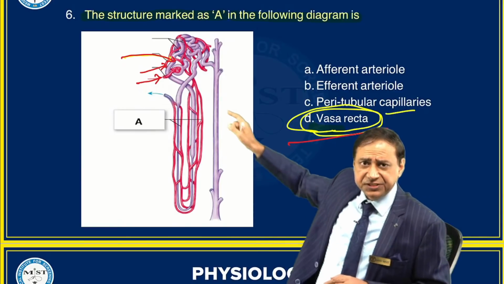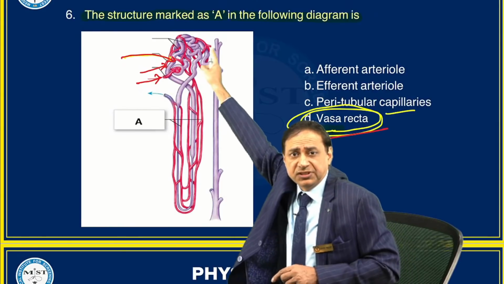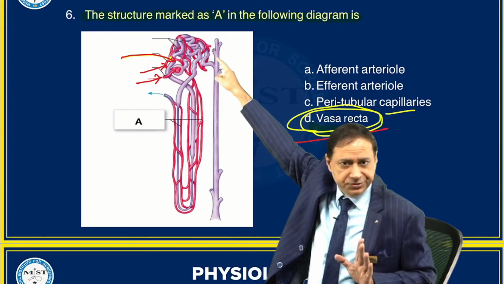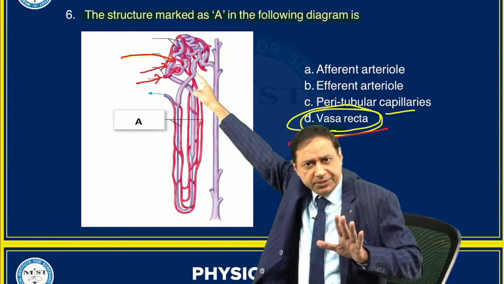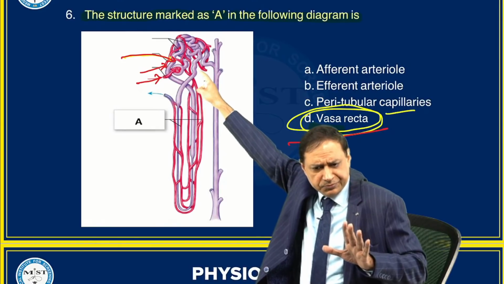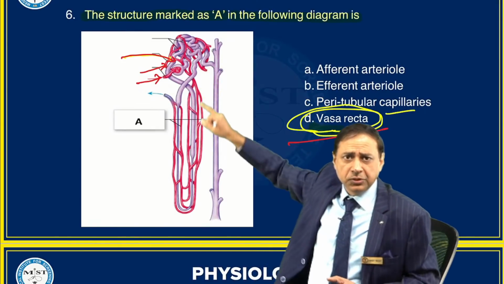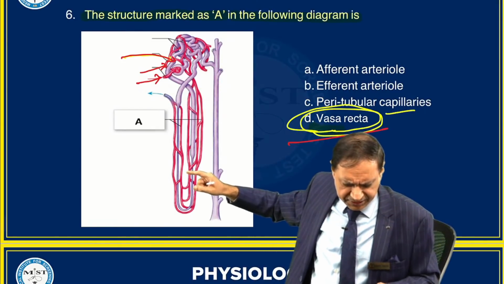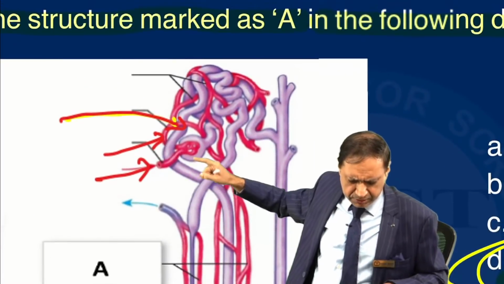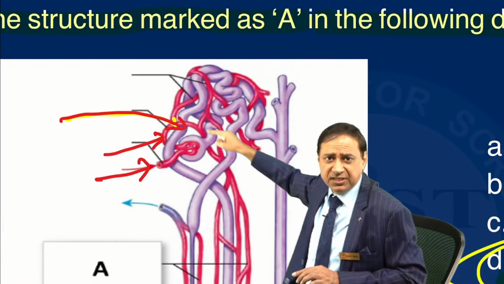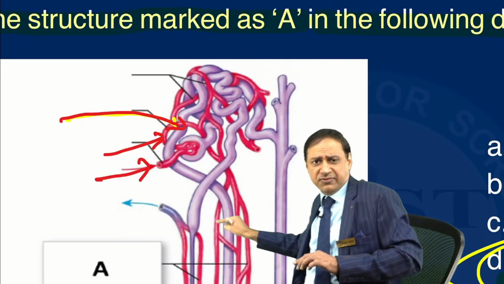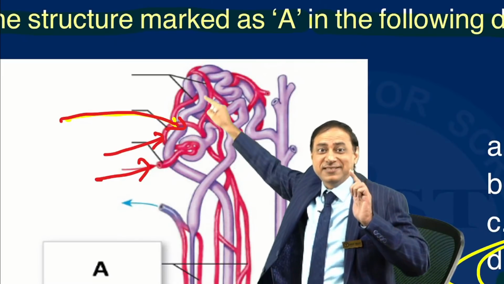PCT and DCT, both will have peritubular capillaries. Proximal and distal, they are both mixed here. This is PCT. It will go down, it will go up, and again it will become DCT.